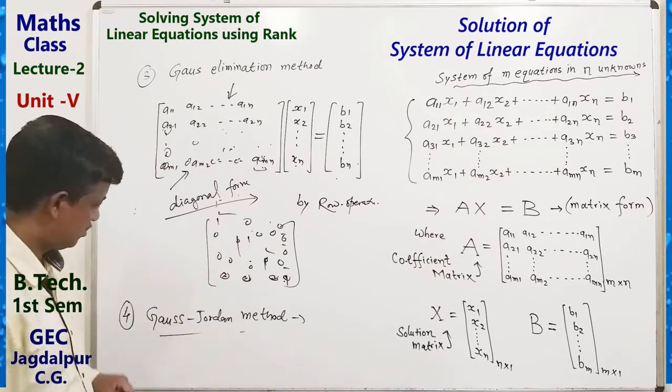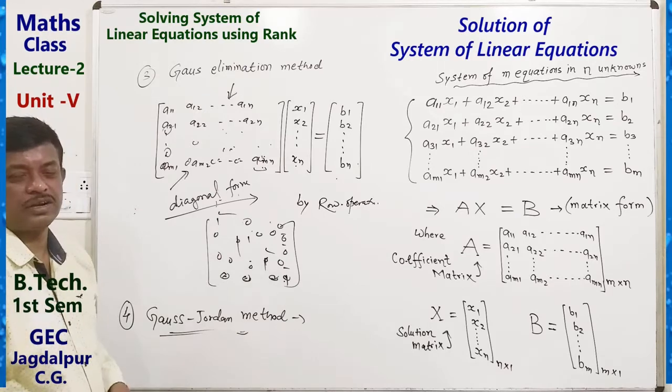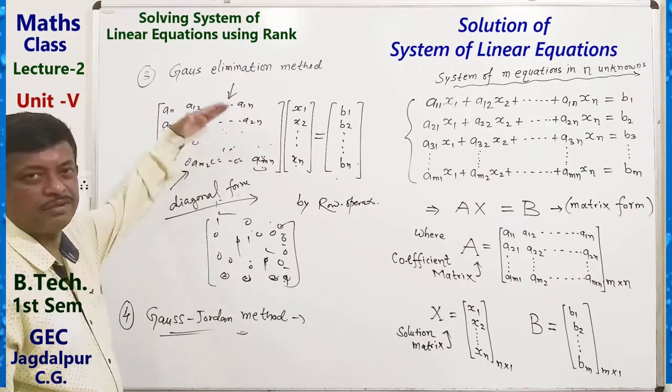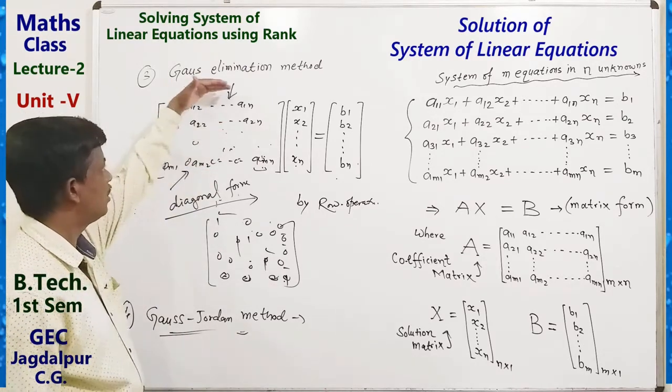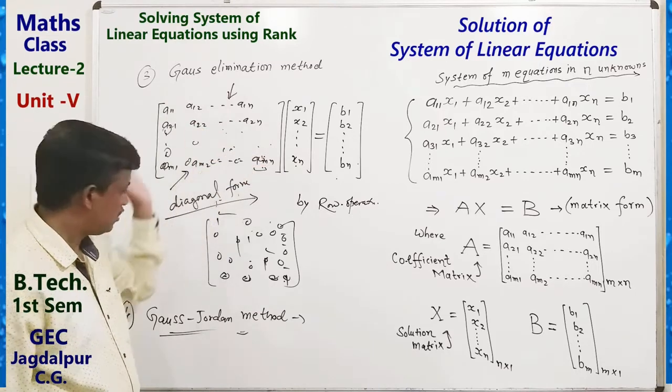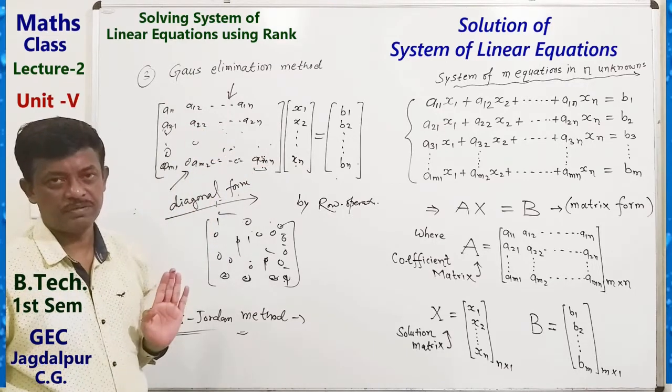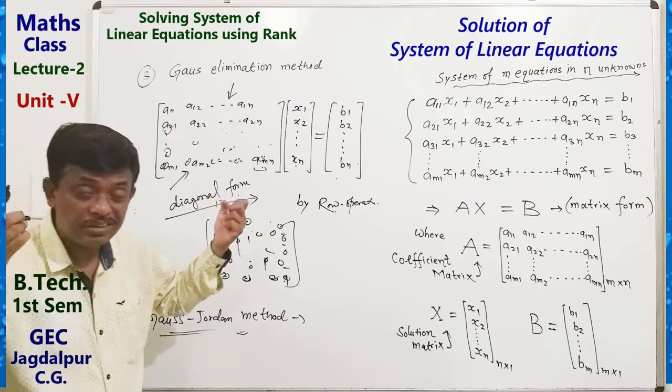If we can convert to Jordan form, eliminating from the bottom level and also from the upper level, we get a diagonal form matrix, and then we can get the solution directly.